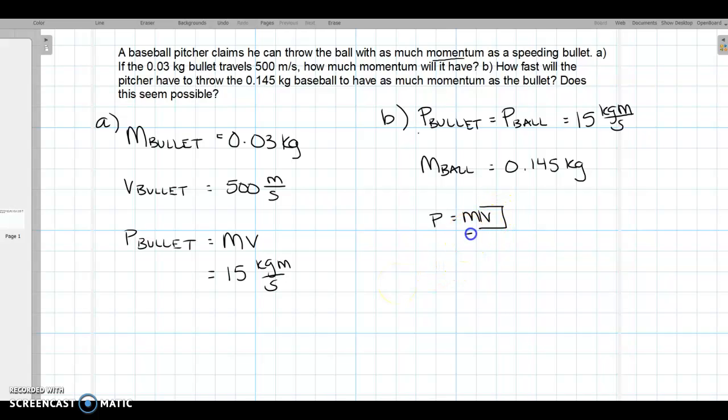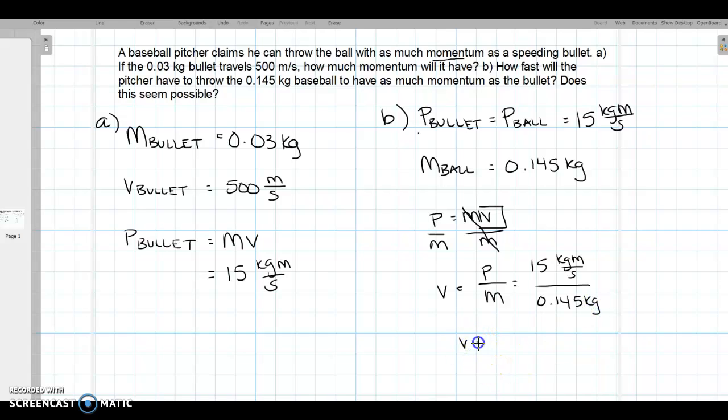To do that, we divide out the mass, which cancels the mass on this side, and we're left with velocity equal to momentum divided by mass. The momentum is exactly the same as it was for the bullet because we need these momentums to match. So it's going to be 15 kilogram meters per second divided by the mass of the baseball.